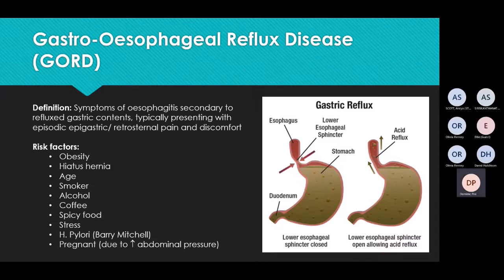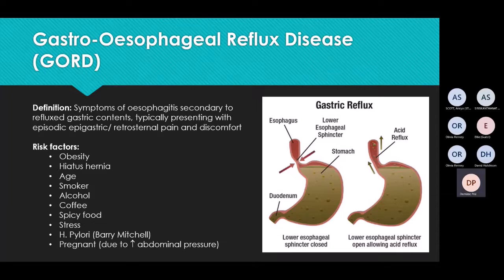H. pylori infection. H. pylori is a bacterium that lives in the stomach. The reason I've written Barry Mitchell is because he was one of the two chaps who first isolated it as a possible cause for the development of peptic ulcers.